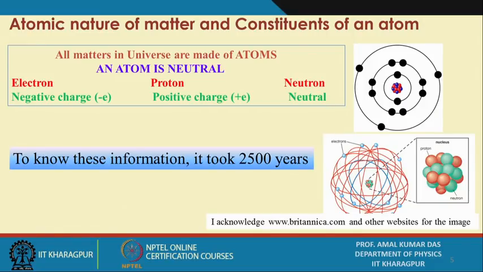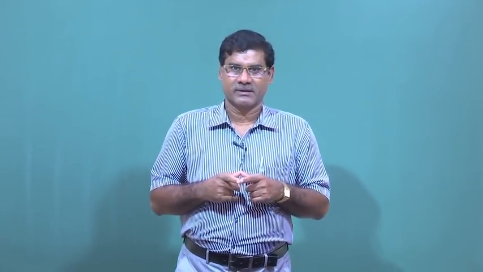An atom is neutral, and the atomic constituents are electron, proton, and neutron. Now, to know this information about the atomic nature of matter and the constituents of an atom, it took 2005 years.